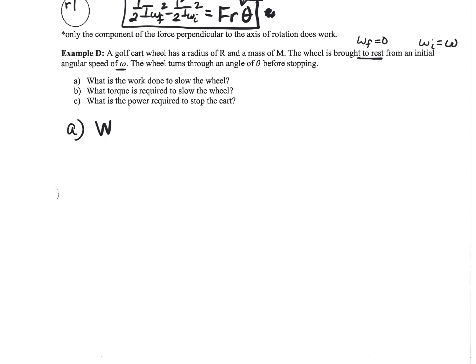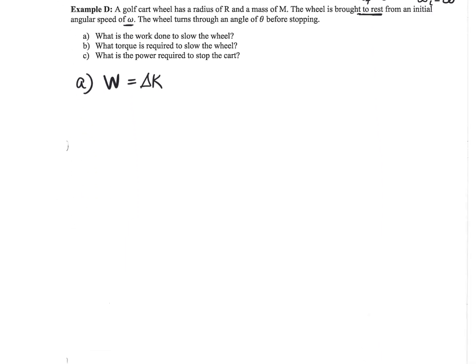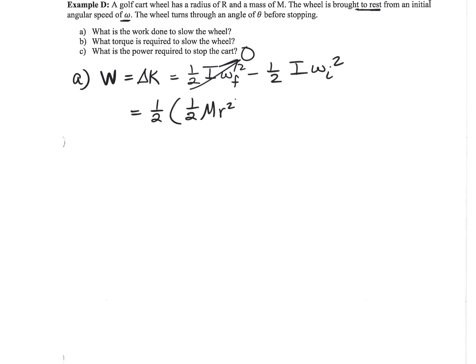So that tells me that really the definition I want is delta K, according to this up here, right? So what we have is 1/2 I omega final squared minus 1/2 I omega initial squared. This is going to be 0 because we know it comes to a rest. So this is equal to 1/2 I omega initial squared. If it's a wheel, we know I is 1/2 mr squared.